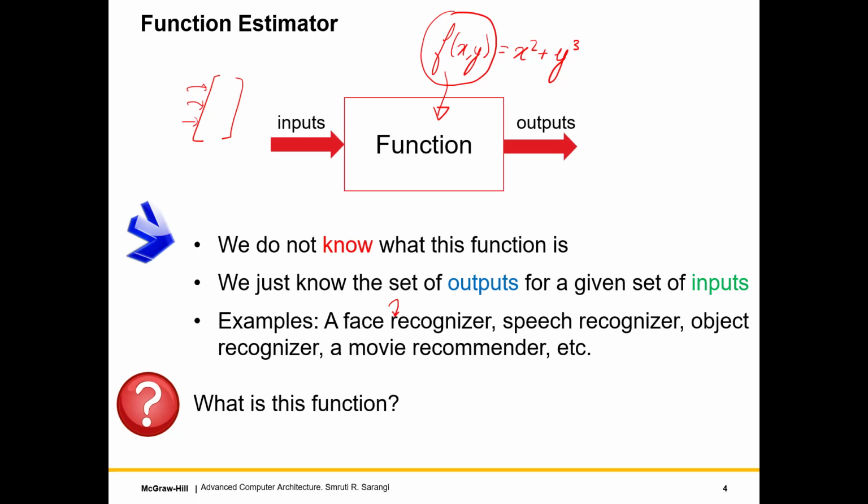One would be a face recognizer. A face recognizer would be basically a circuit where you give it faces, and it will tell you who the person is. Our brains can do this very easily, but doing this on a machine is difficult. Same holds for speech recognition, object recognition, or even something like movie recommendation.